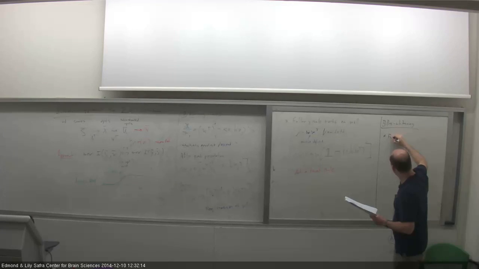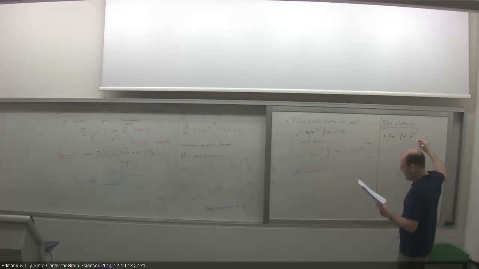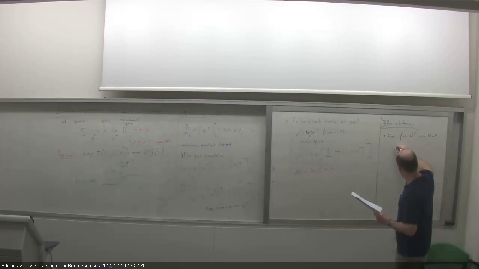First, find some matrix, let's call it W hat transpose, such that if we look at X hat, which is W hat transpose times X, it will be white. White meaning that the correlation of X hat i, X hat j is delta ij.